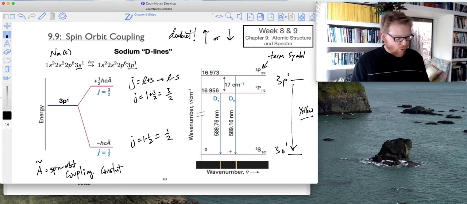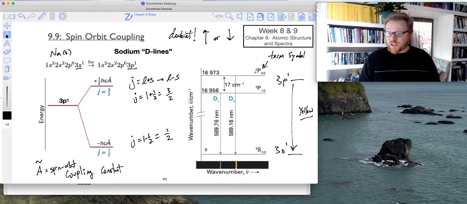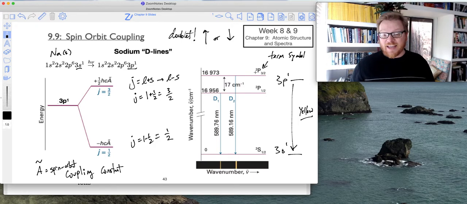And what I also want to point out, this term symbol, okay, we're going to use these things as an organized way to note all of these characteristics of the atom, such as what is its J value, what is its spin state, etc. Okay, and so that's where we're going next.